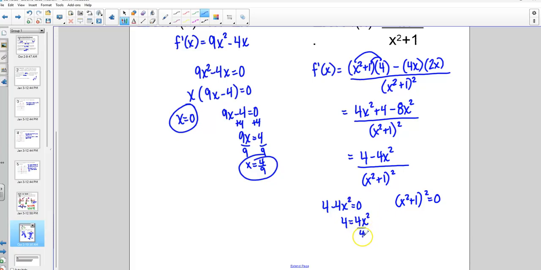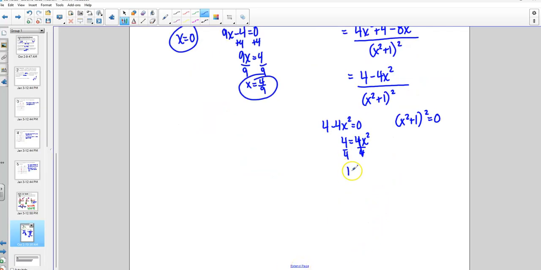Then you would divide by 4. And so 1 equals x squared. And then we will need to square root both sides. What is the square root of 1? Plus or minus 1.